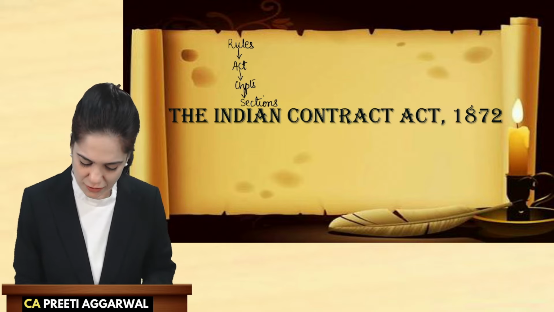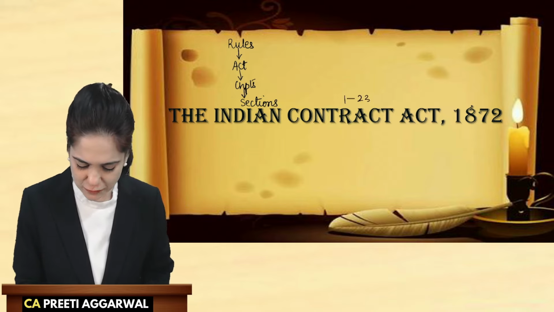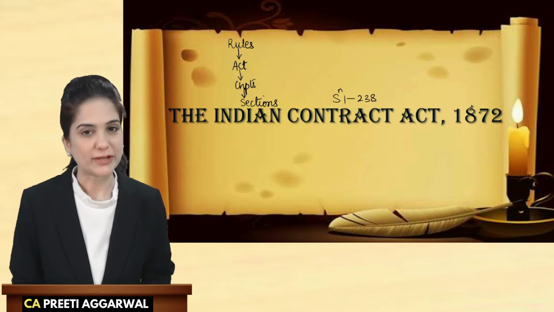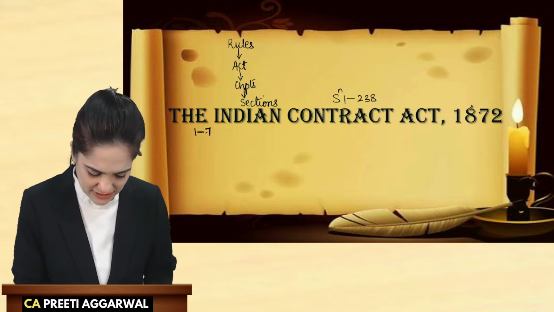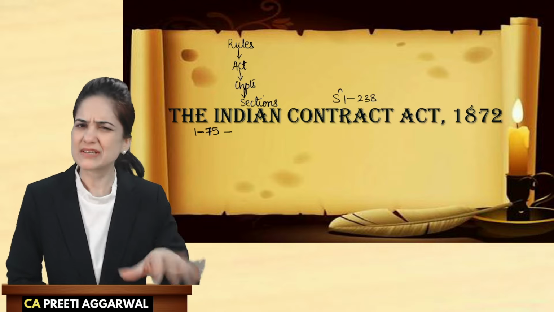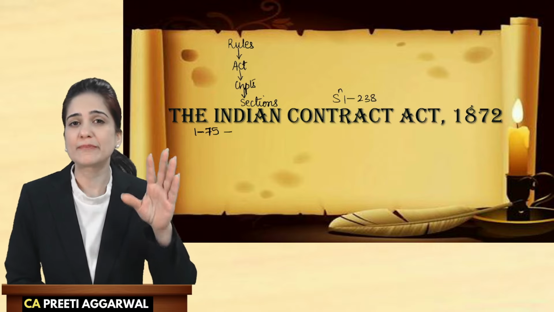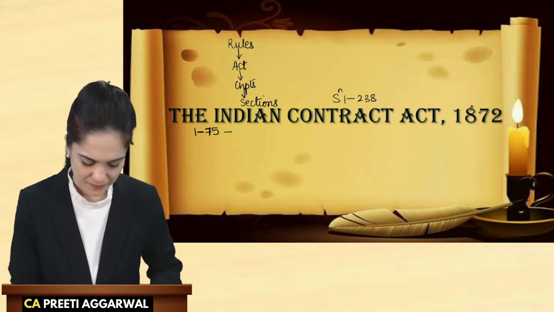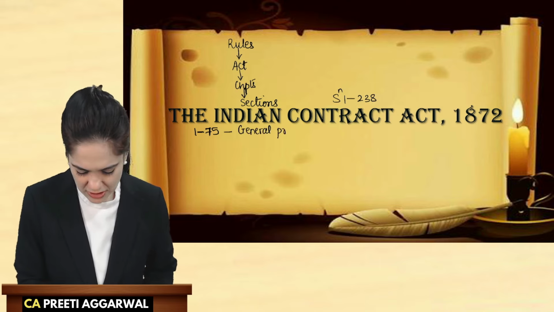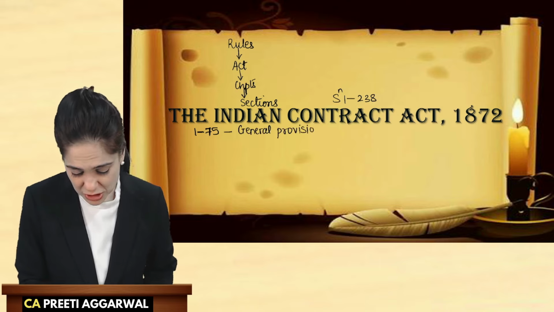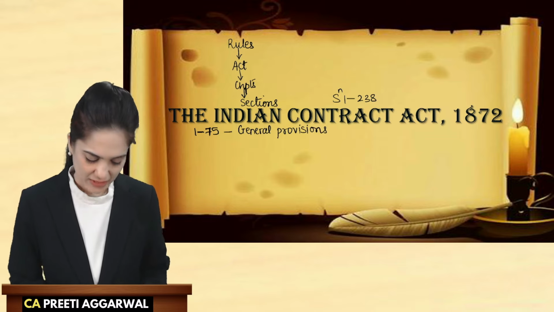Now, the Indian Contract Act has a total of 238 sections. Section 1 to Section 75 discuss the general provisions which are applicable to every contract. So these are the general provisions which apply to each and every contract.